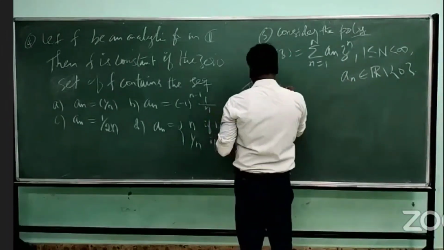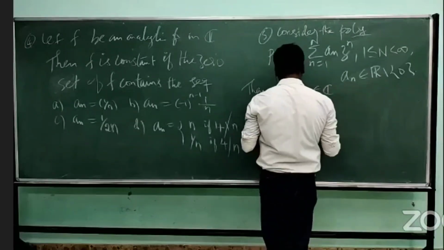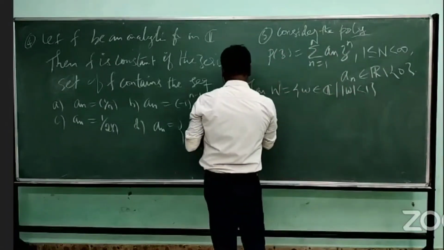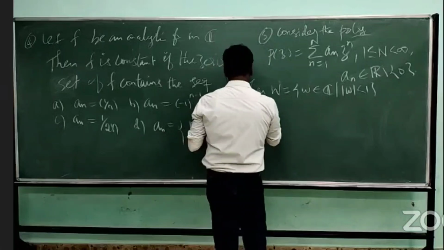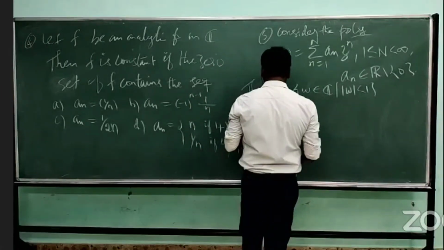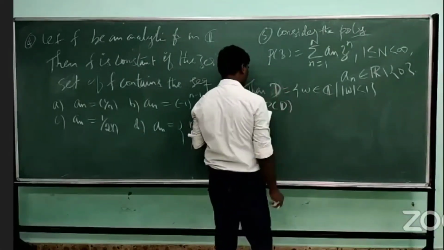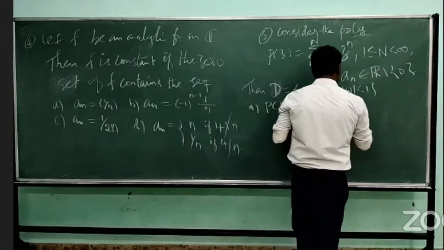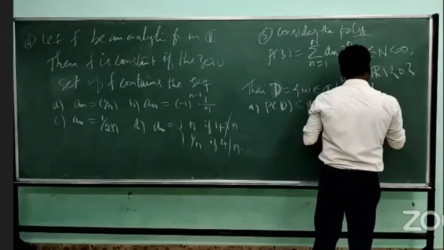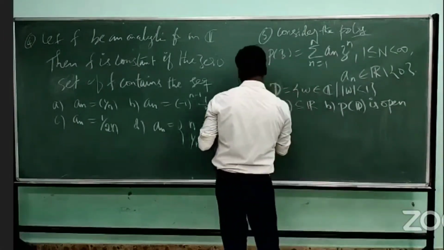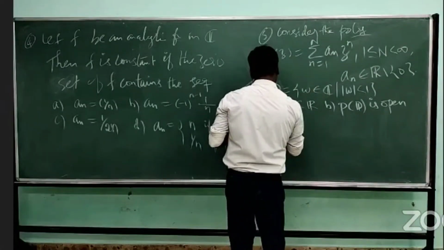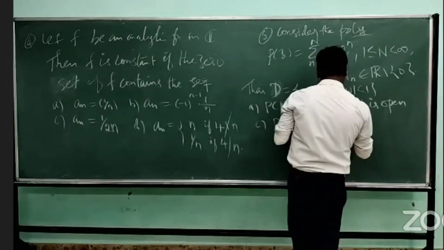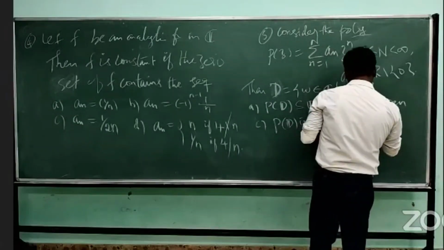Then, with D equal to the set of all w in the complex plane such that modulus of w is less than 1: option A, P of D is a subset of R; option B, P of D is open; option C, P of D is closed; option D, P of D is bounded.